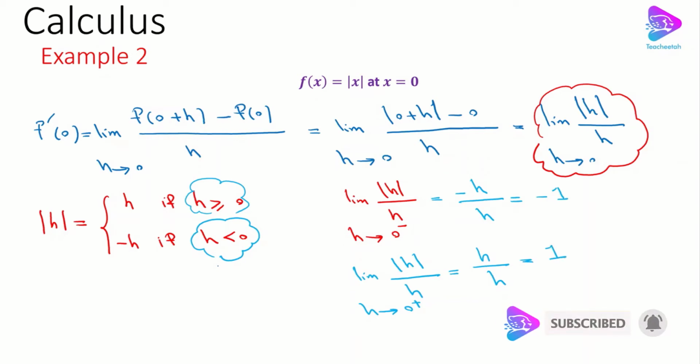So the limit of this function doesn't exist, because from the left side it generates -1 and from the positive side it generates positive 1. This means the limit doesn't exist, and when the limit of a function doesn't exist, we cannot find the derivative of that function.